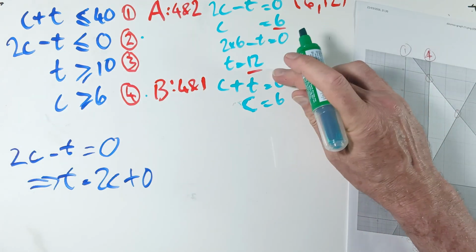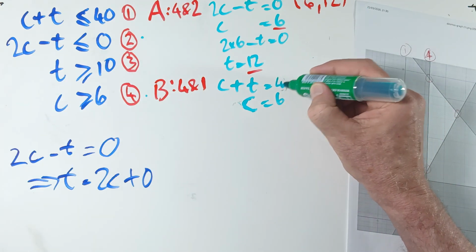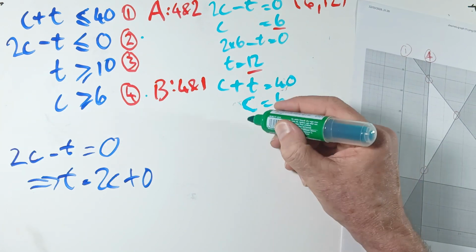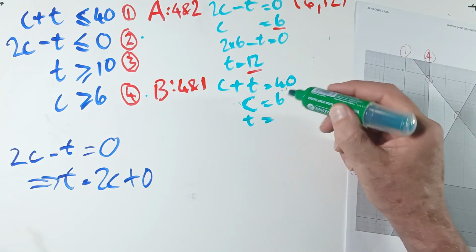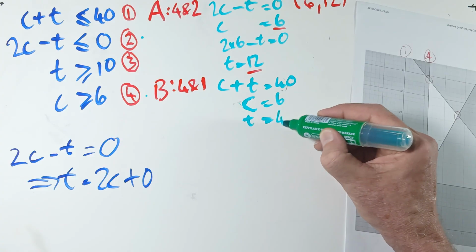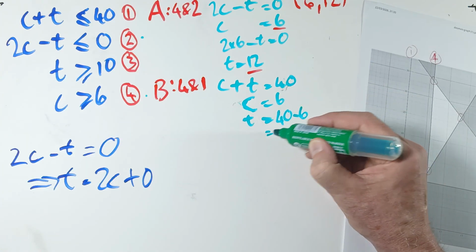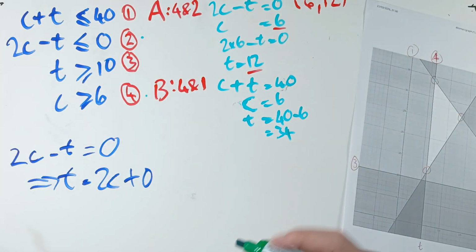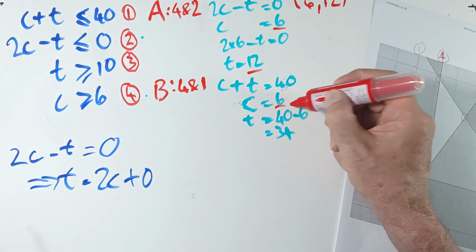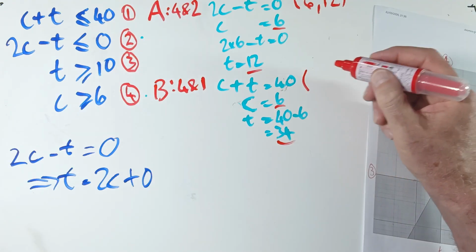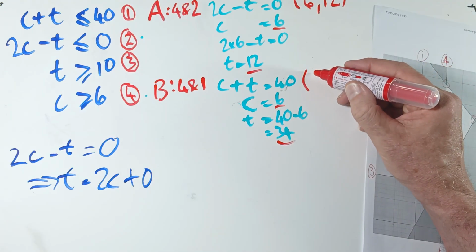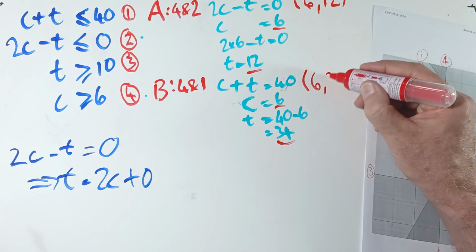It's 40. So therefore, 40 minus 6, giving us our 2 points again. So second critical point is at c equals 6, t equals 34.